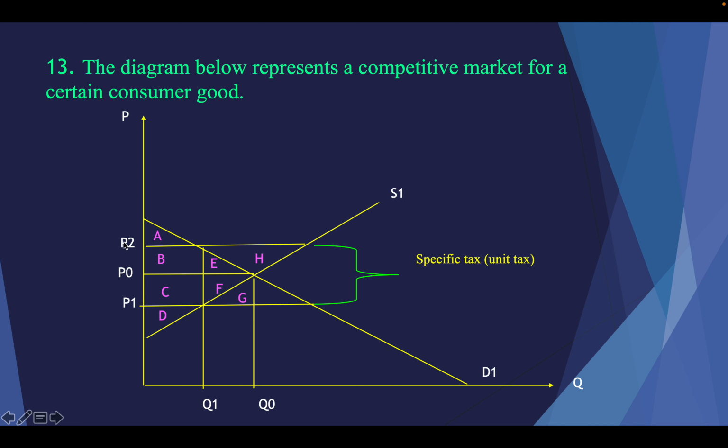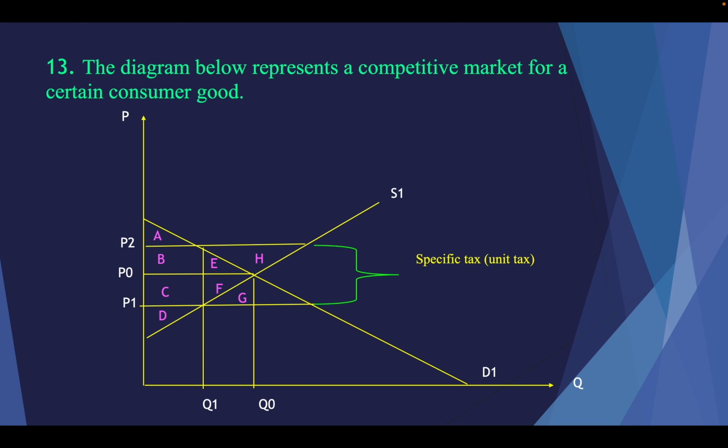Okay, this is your equilibrium price before tax, P0, and the triangle above it is ABE, so this is your consumer surplus before tax. Then the triangle below the equilibrium price, CFD, is your producer surplus before tax.